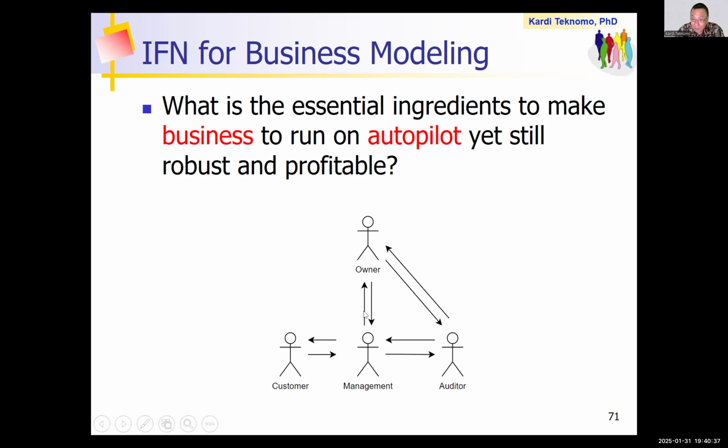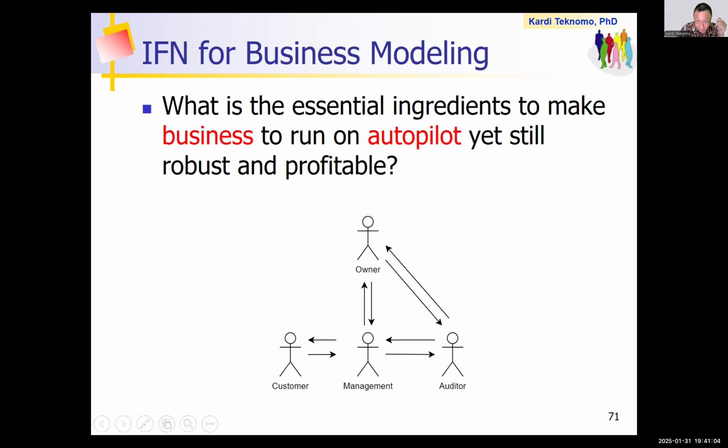And you need to make this irreducible, meaning strongly connected, so that they can have a check and balance. Many people think that business autopilot means you don't need to do control, but in fact, that's not true. Autopilot means the owner is still there and needs to control, only not frequently.